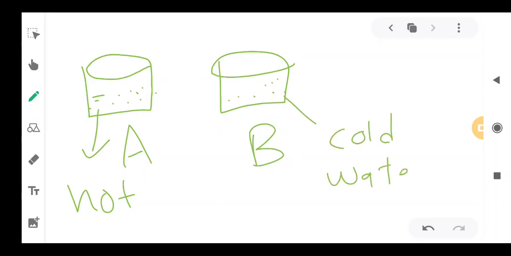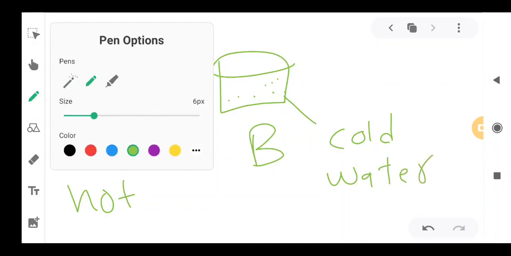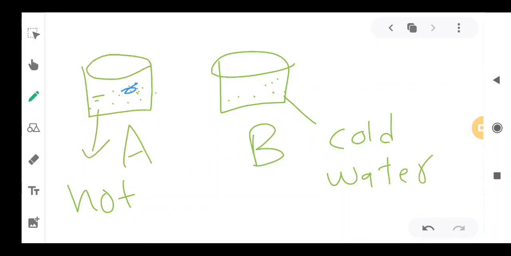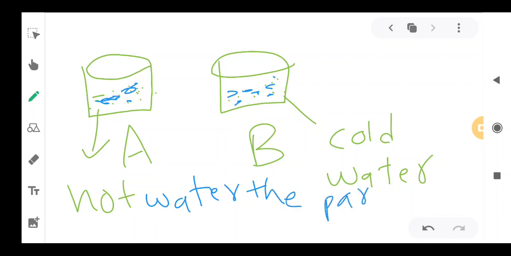So see, if you drop some copper sulfate in this, copper sulfate will be blue in color. So blue color copper sulfate diffuses in water and the water becomes blue in color. But which is fast? Yes, in hot water it is fast naturally, because in hot water the particles move very fast.